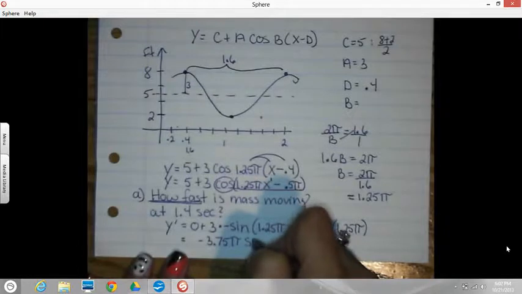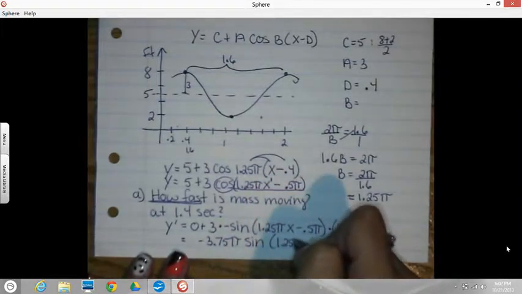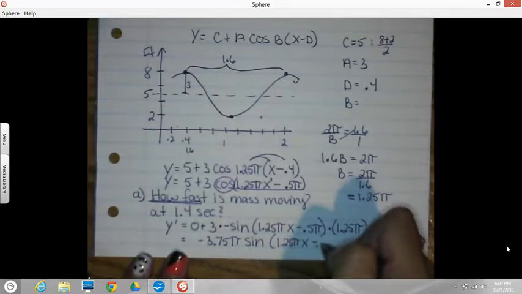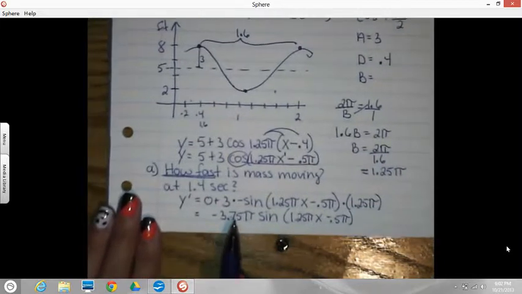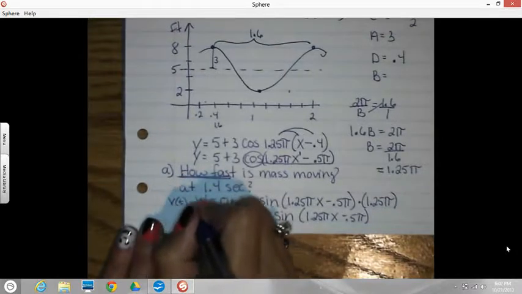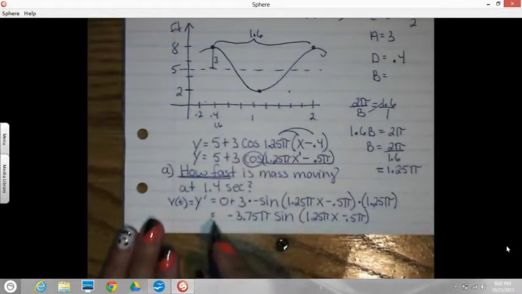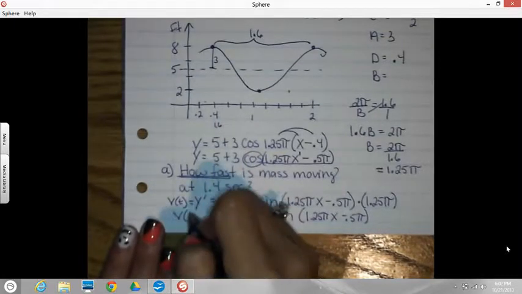Sine, and then my angle, 1.25 pi x minus 0.5 pi. Okay, so I've got my derivative equation, which is velocity. Maybe I'll put velocity. Is y prime.